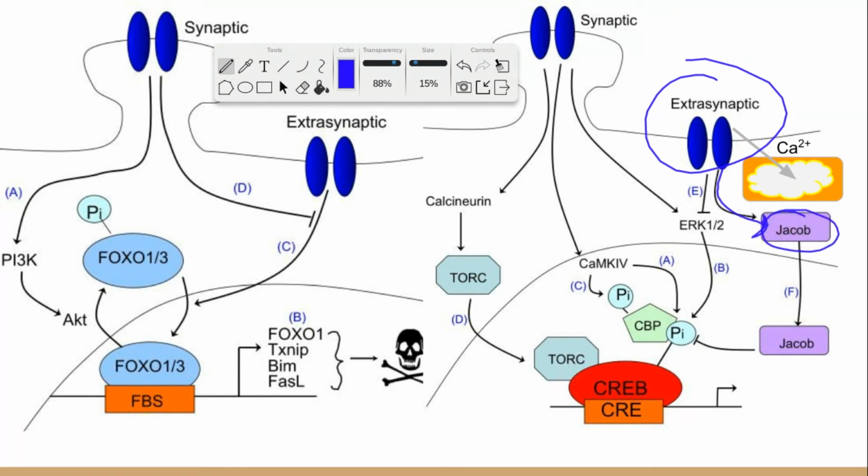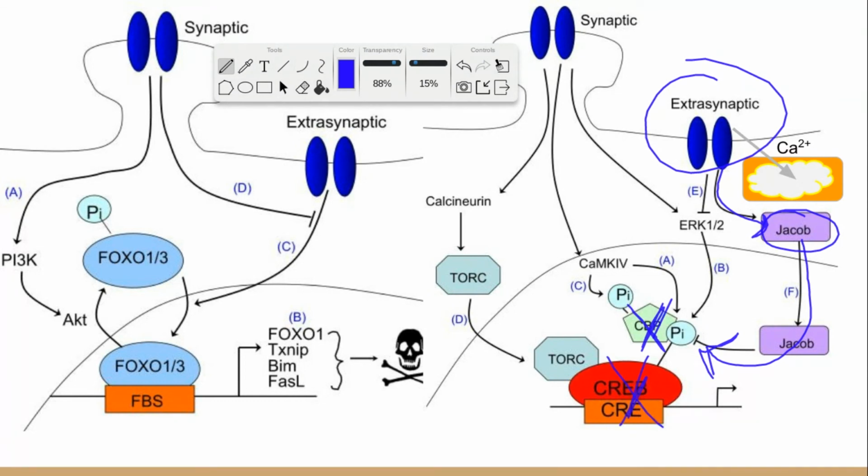Jacob is a CREB phosphatase that, when activated, can translocate to the nucleus and remove phosphates from CREB, or specifically CREB binding protein, which inhibits CREB.